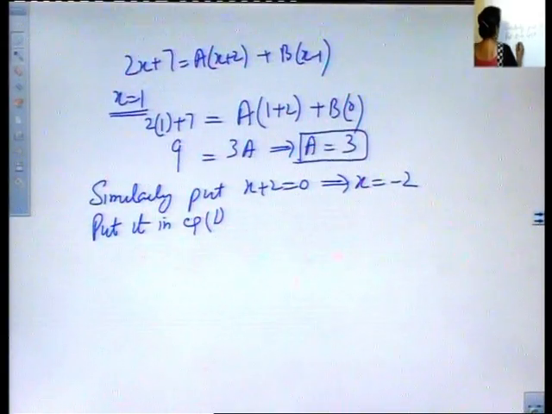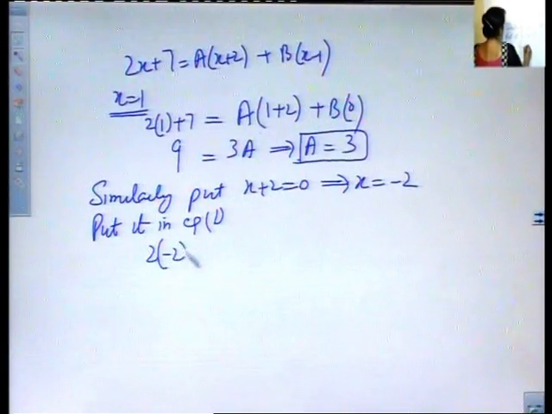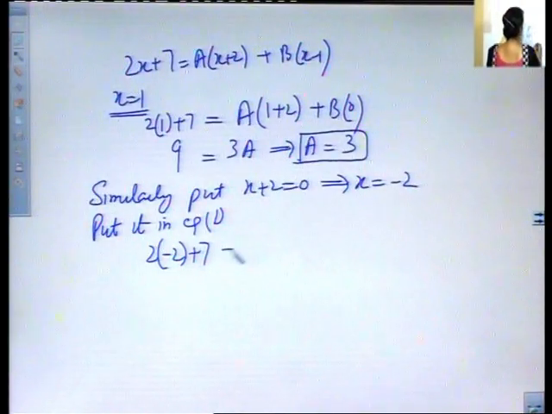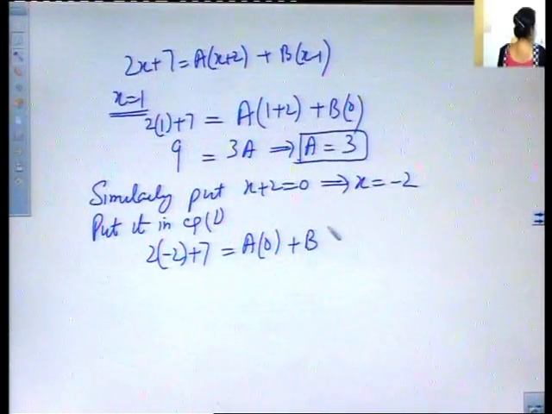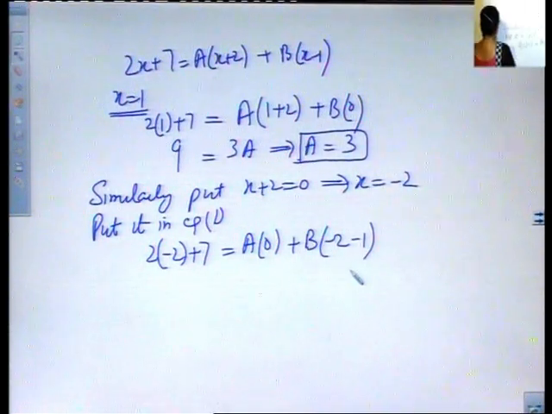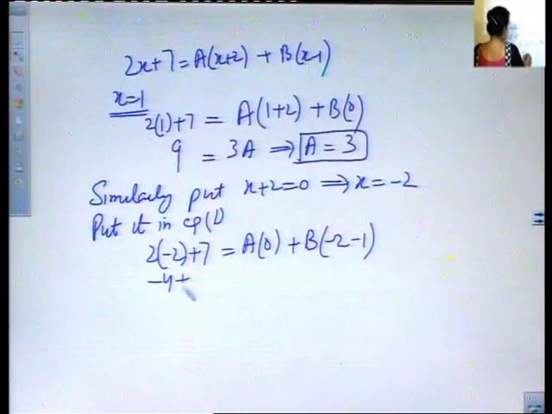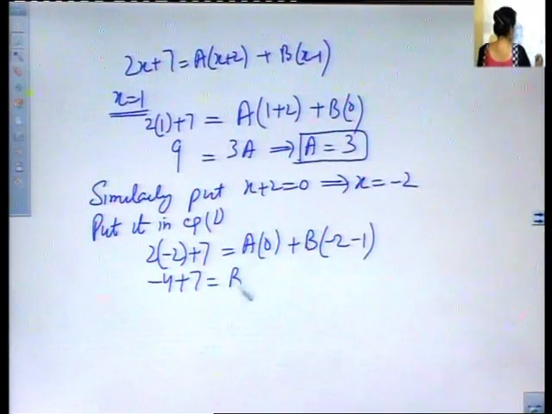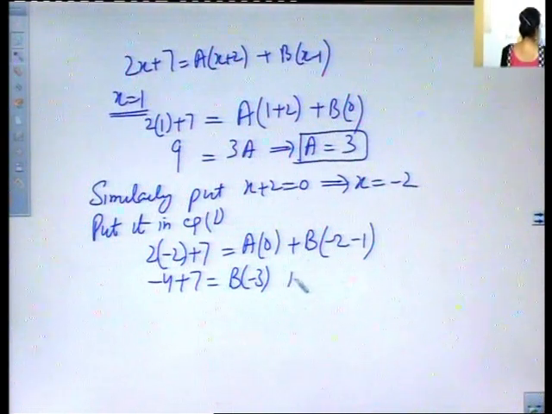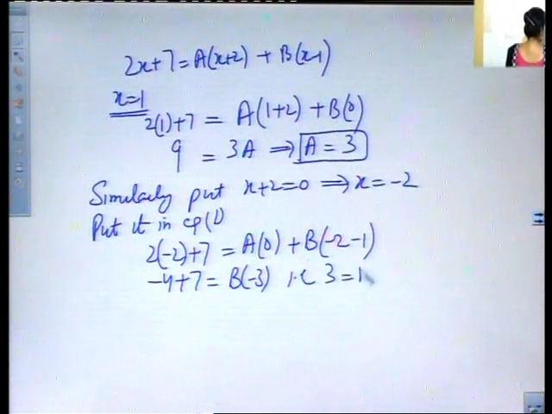So we get 2 into minus 2 plus 7 is equal to a into 0 plus b(minus 2 minus 1). So this is minus 4 plus 7, that is 3, is equal to b into minus 3.